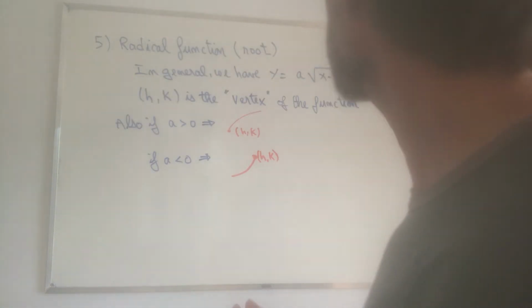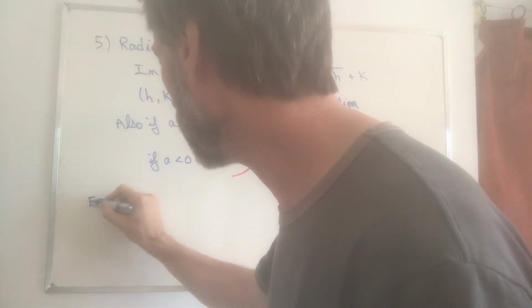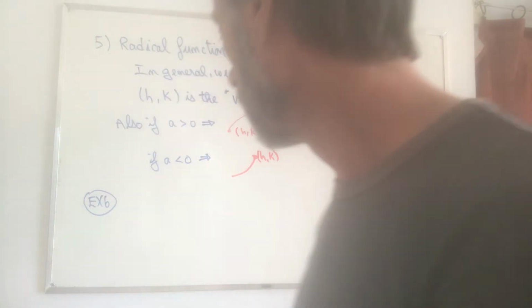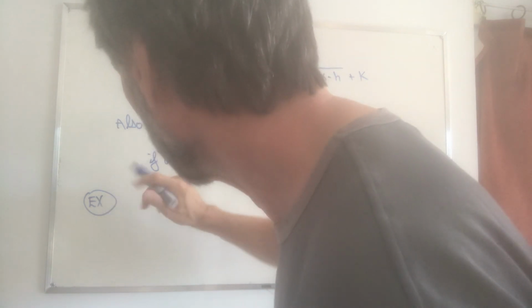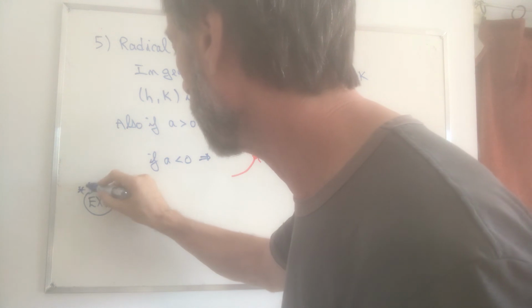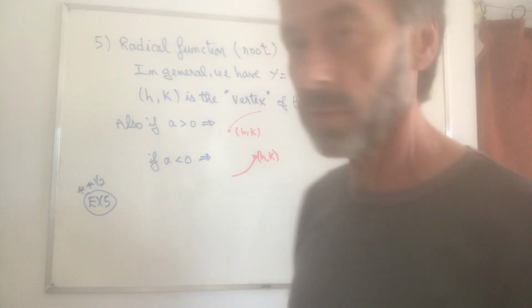All right, I believe I have an example for this. This would be example 6, or maybe example 5 according to this sheet, but who cares? This is, again, not extremely difficult, so 2.5 stars.